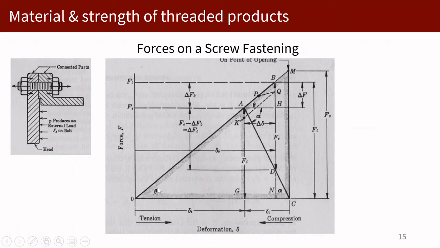And diri sa y-axis, this pertains to the force nga i-apply sa atong bolt, and this deformation is ang naa sa x-axis. Okay, so atong hugtan ang atong bolt. Hugtan na to.